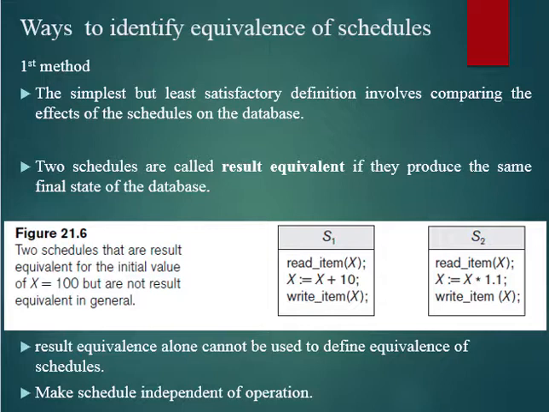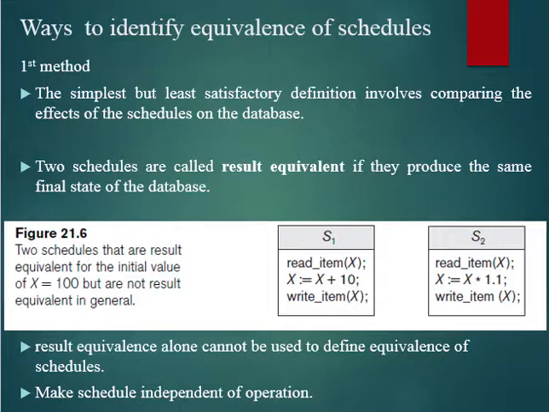Suppose you have operations in S1 and S2. Can we say S1 and S2 get the same result? They will get the same result only if the value of X is 100. Let's do the addition operation here. The old value of X is 100, so X is updated as 100 plus 10, and you get the new value of X as 110. In S2 the operation is different, so both are not equivalent.